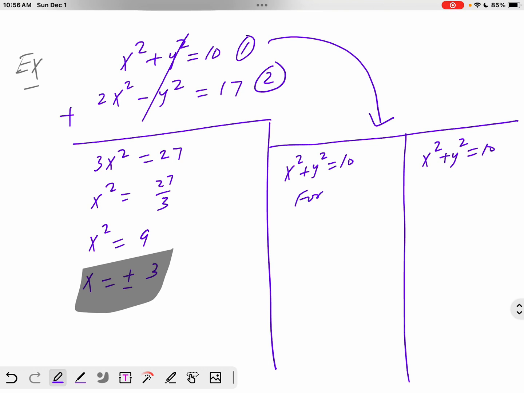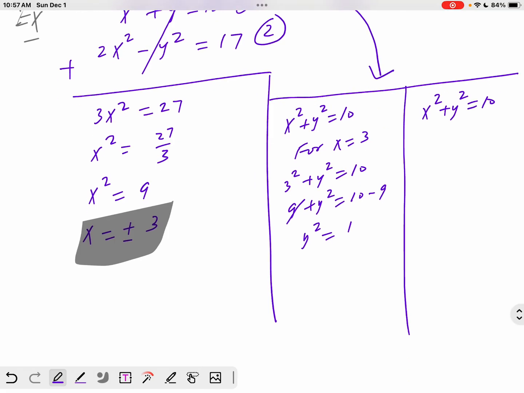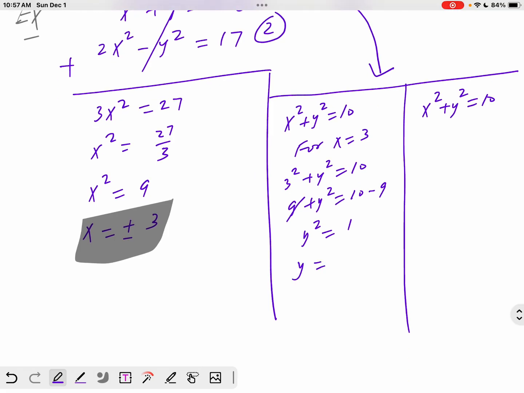For x equals 3, this is 3 squared plus y squared equals 10. Well, this is 9 plus y squared equals 10. Opposite of positive 9 is minus 9, so y squared equals 1. Using the square root property again, y equals plus or minus 1, because the square root of 1 is 1.